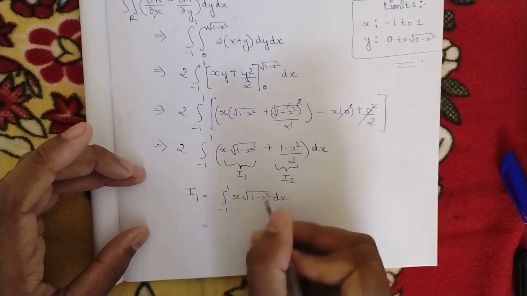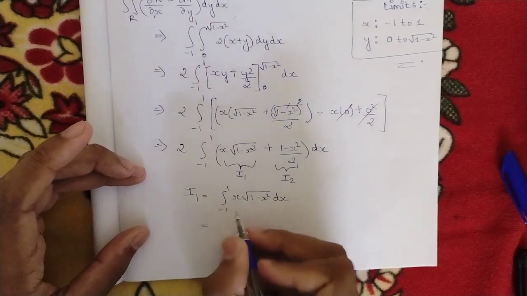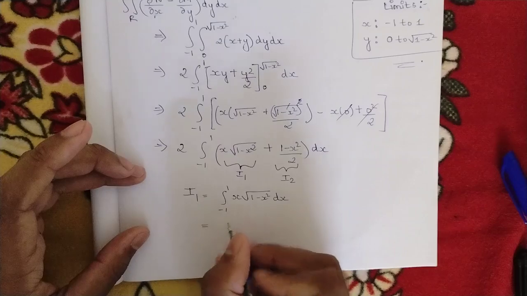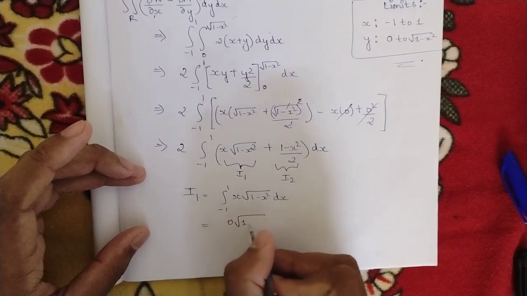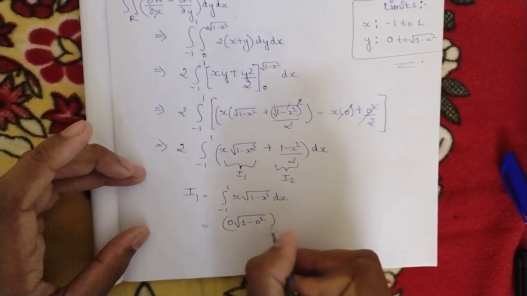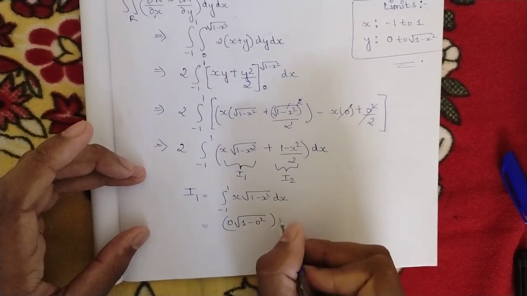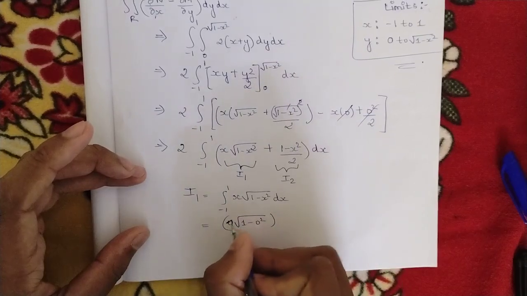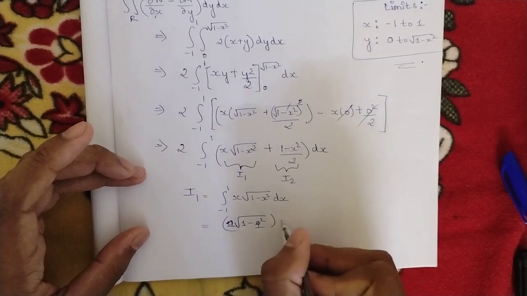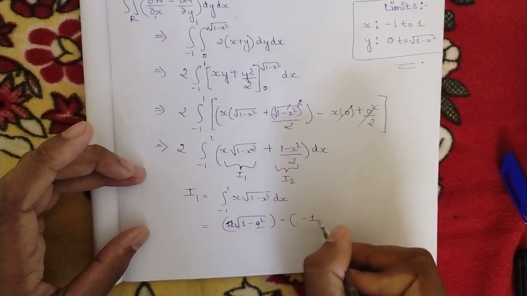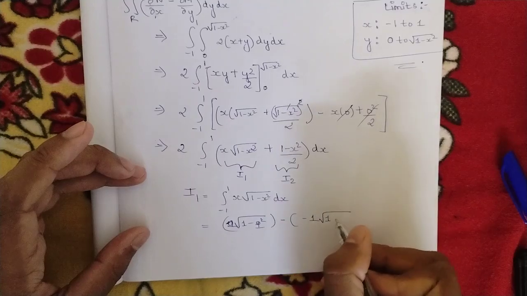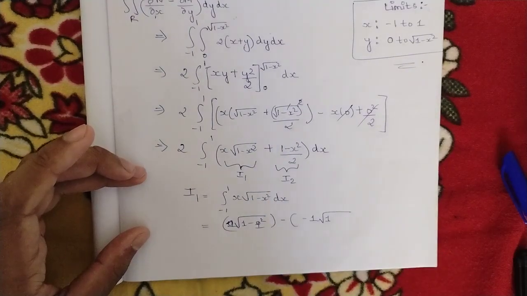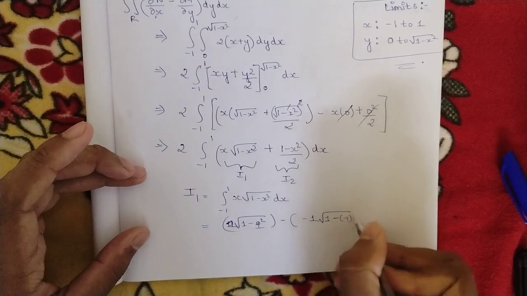Since x into square root of 1 minus x square is an odd term, we can directly put the limits and write it as upper limit minus lower limit, that is 1 into square root of 1 minus 1 square, minus minus 1 into square root of 1 minus of minus 1 the whole square.